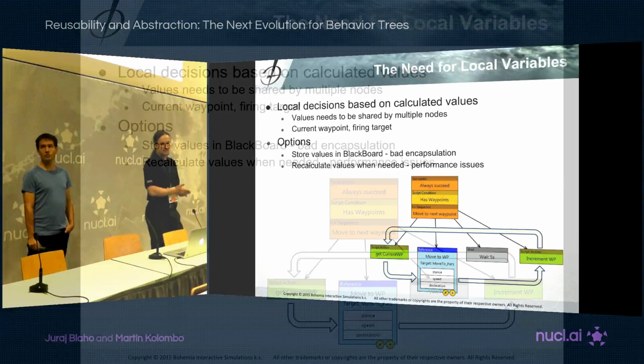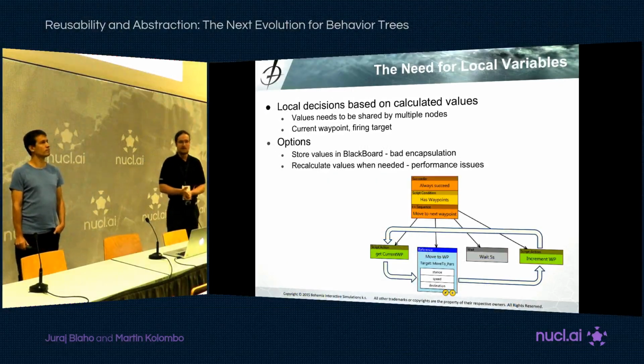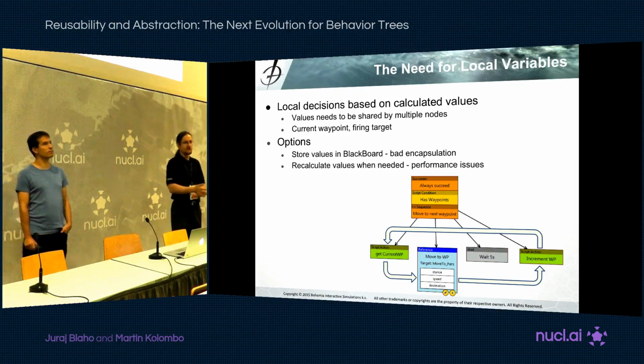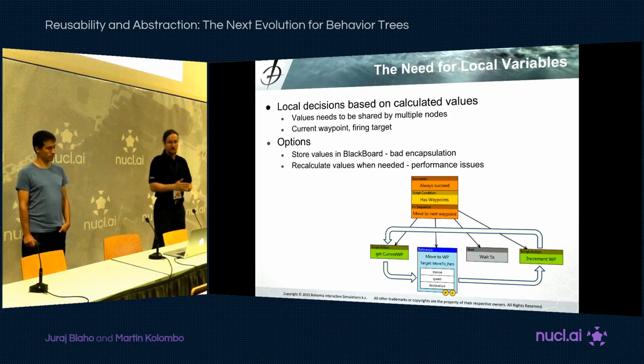It gets the waypoint position, then passes it through the parameters to the move subtree, then it waits a couple of seconds to look around at the waypoint, and then we increment the waypoint number to move to the next one. So really simple, and I just need to pass that one number between the three nodes. I can't do that at the moment.